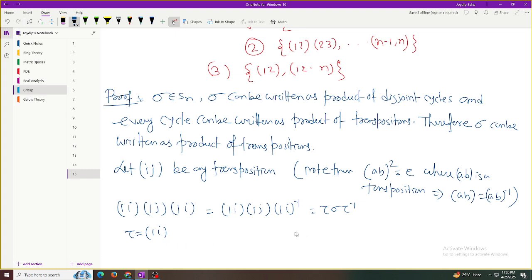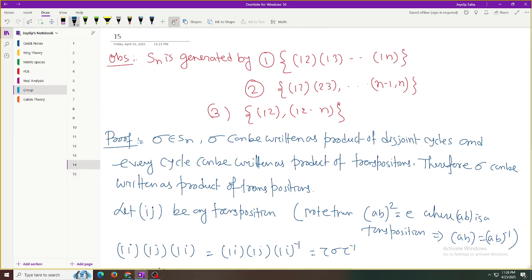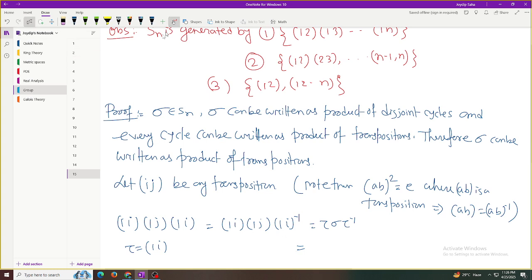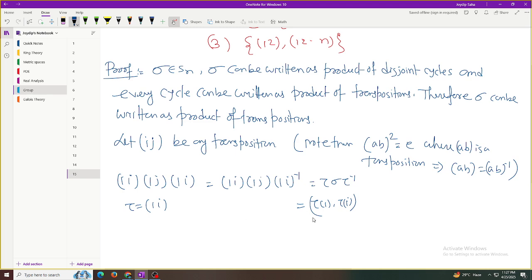So this equals, from the previous calculation, applying just tau here, (tau 1 tau j). Now tau 1 is your i, because it is a transposition, and tau j is fixed.